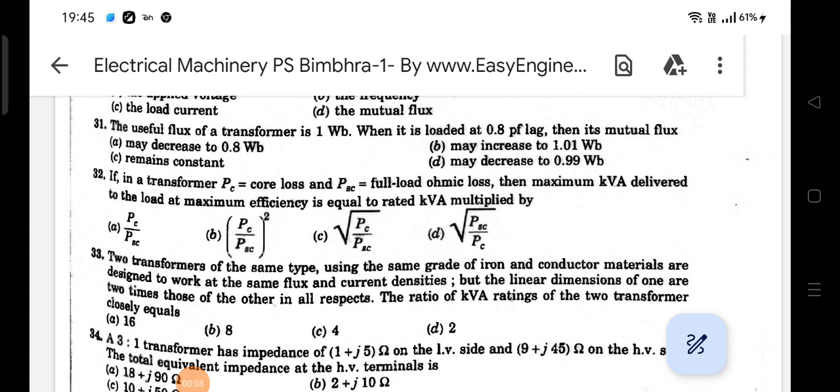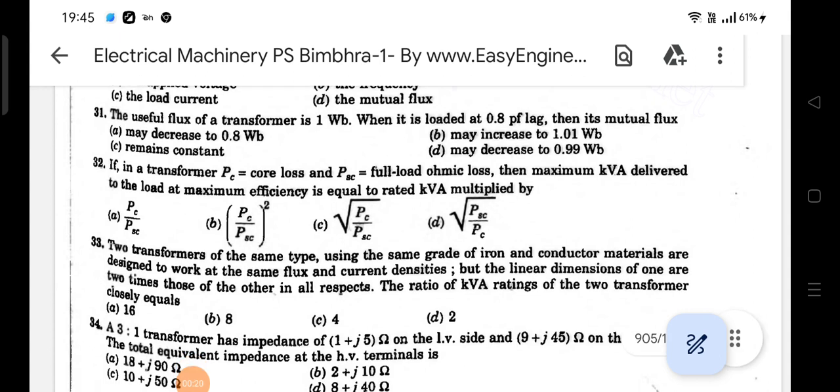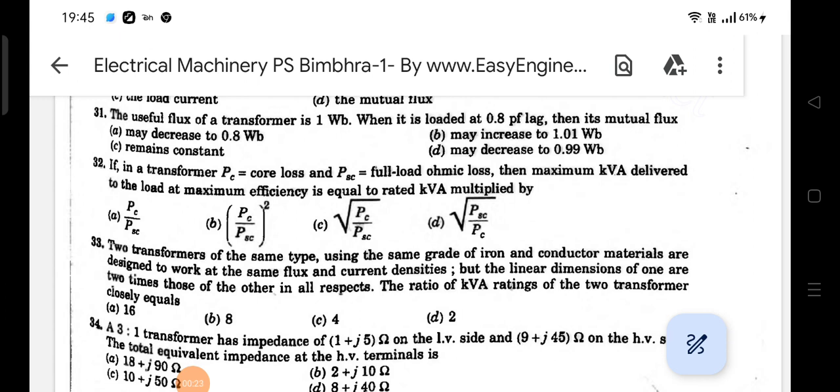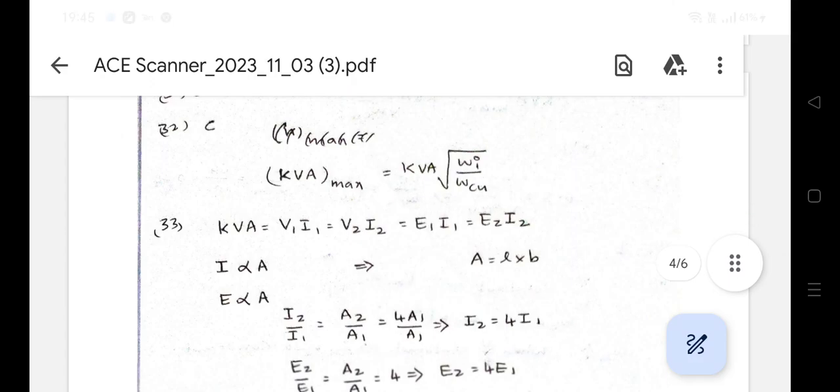Now see here, if in a transformer P_C is equal to core loss and P_SC is equal to full load loss, that means full load ohmic loss, which is nothing but copper loss, then the kVA delivered to the load at maximum efficiency is equal to the full load kVA multiplied by the square root of iron losses divided by copper losses.